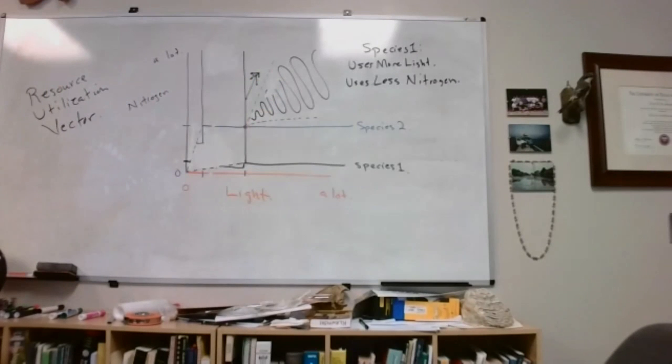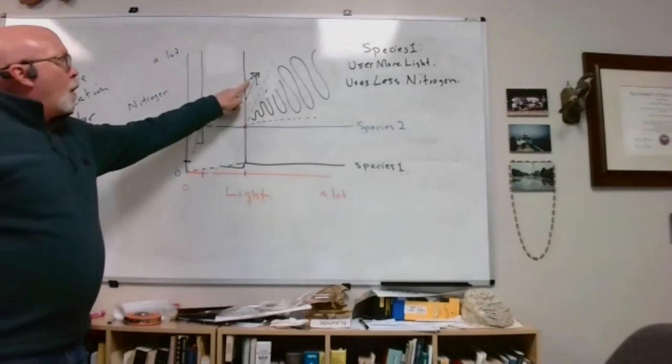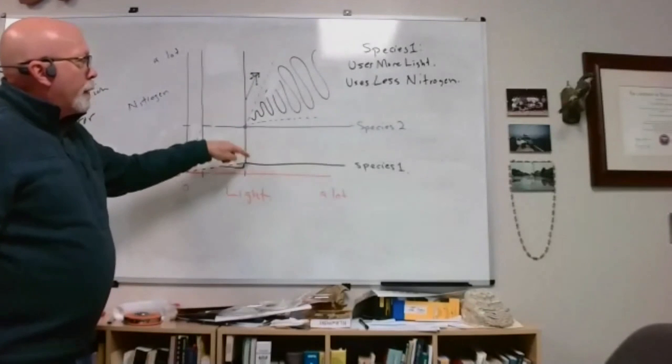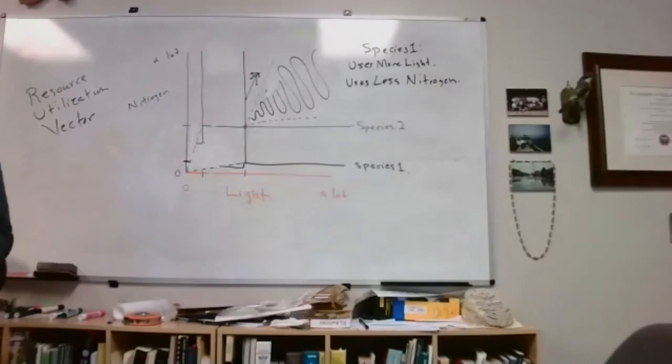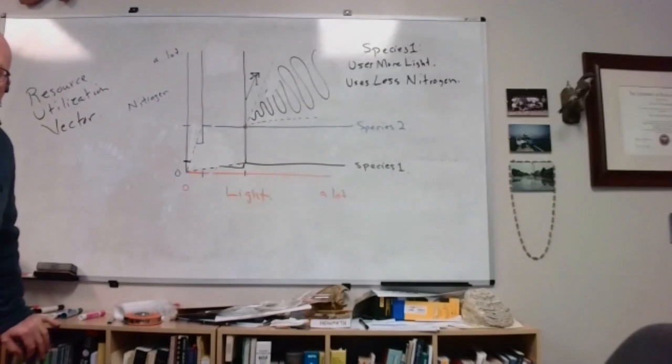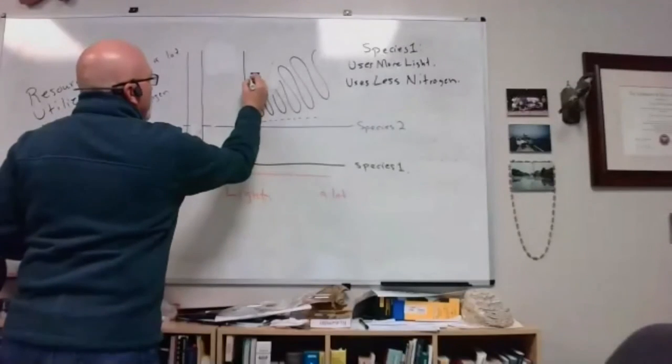But either way, what happens? What limit do they hit first? Do they hit species 1's limit first, or species 2's limit first? What line is going to be hit first, a blue line or a black line? Species 1. Yeah, you're going to hit species 1's limitation for light first.